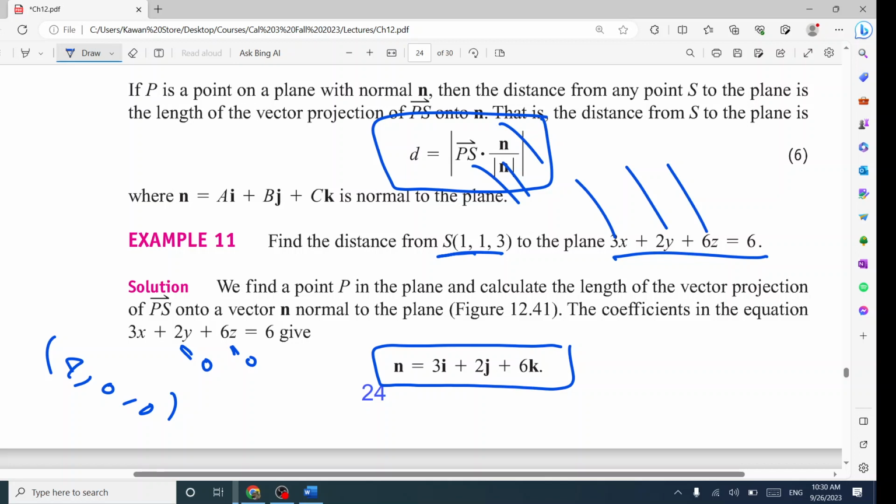Or maybe your colleague will make the others 0, so Y will be what? Up to you. Because we have one equation with three variables, and I want one point, I need to reduce two variables. So up to you.